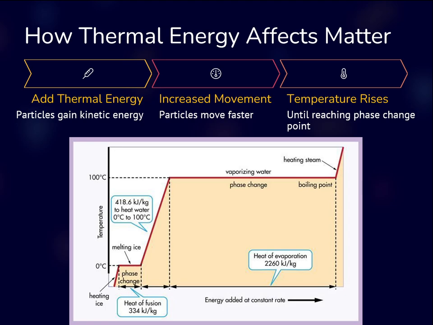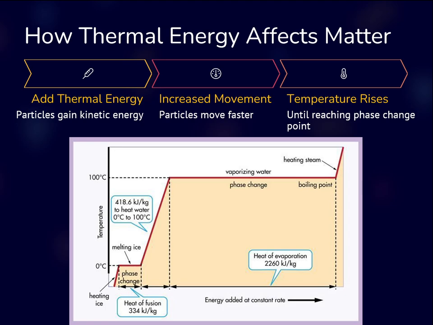Even though the burner keeps pumping energy in, the thermometer stalls. You're now paying the entrance fee to the change of state. Energy is busy loosening hydrogen bonds so that the rigid lattice collapses into a flowing liquid. Only after every last crystal is gone will the temperature climb again.